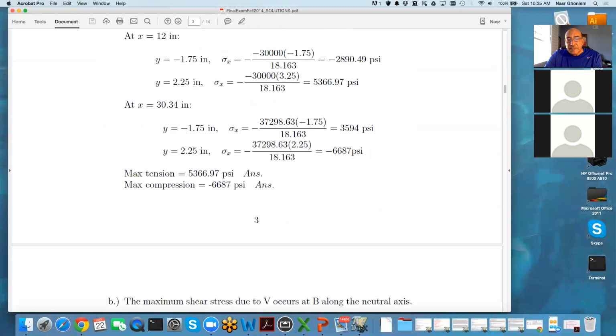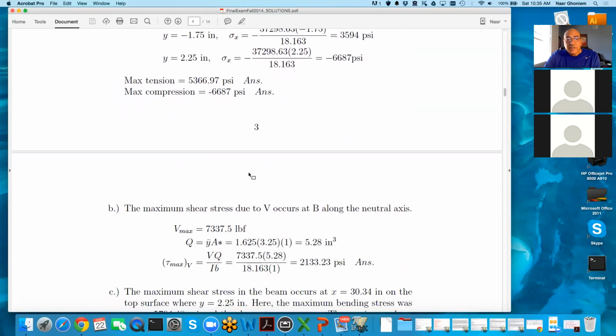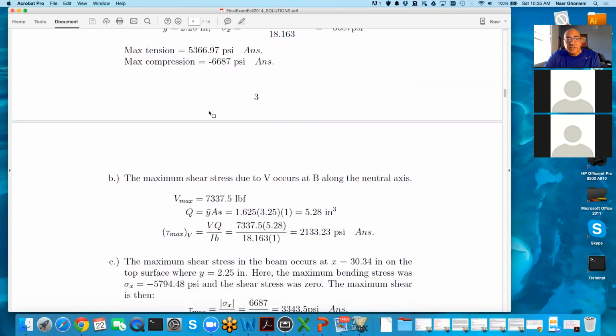And then we found maximum tension is 5,300 psi, like 5 ksi, and the maximum compression is not minus 6, it's 6.6 ksi. Then we didn't stop the story here.